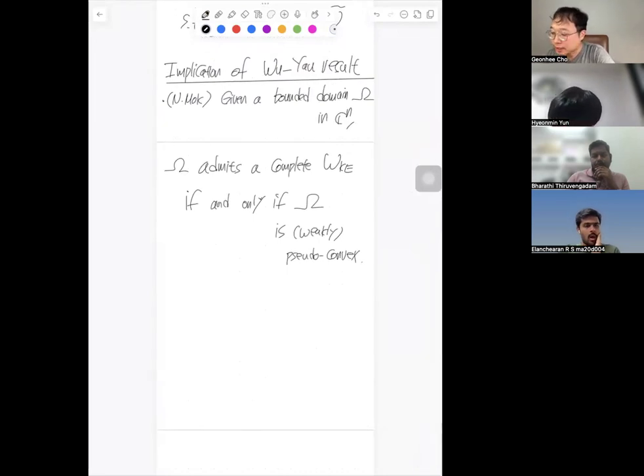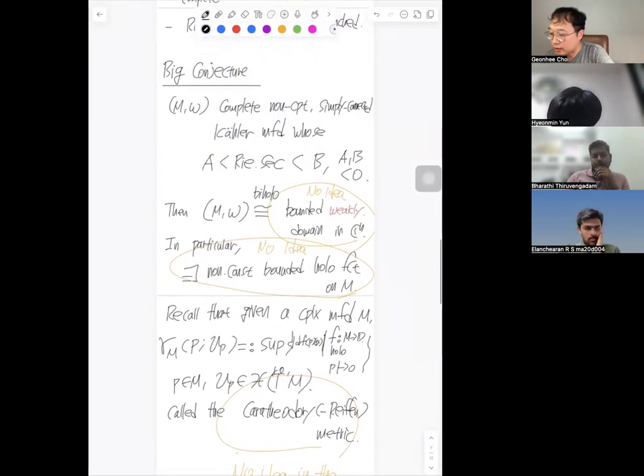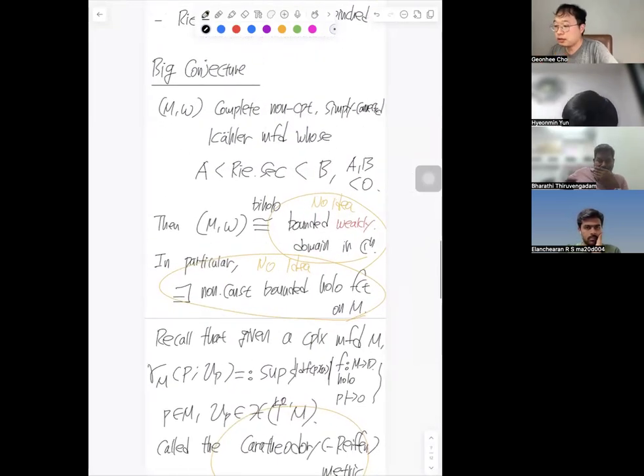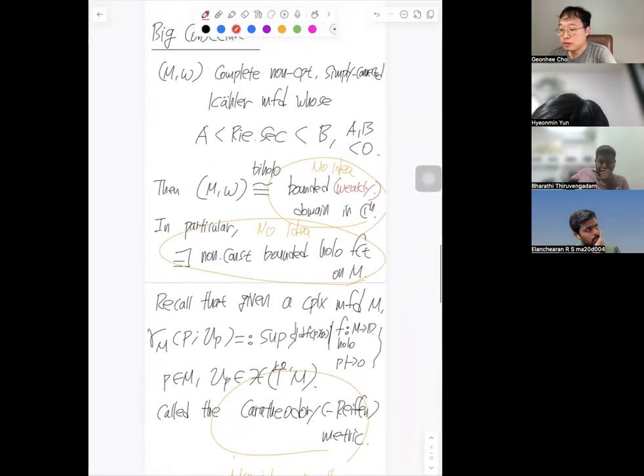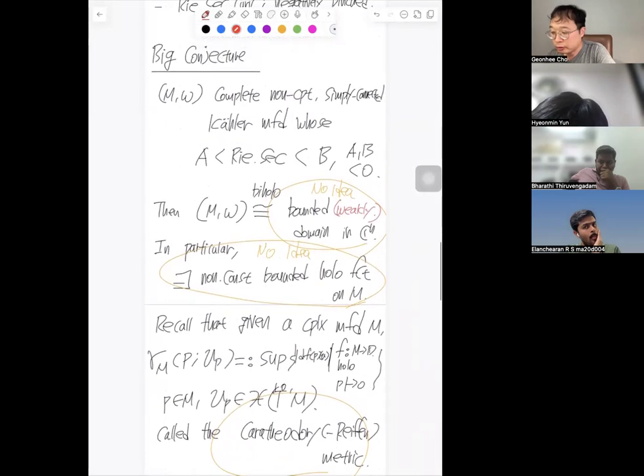Let me go back to this conjecture. This is the implication. What my advisor shared with me when he posed this, like the Wu-Yao theorem, was posted in 2017, if I remember correctly.